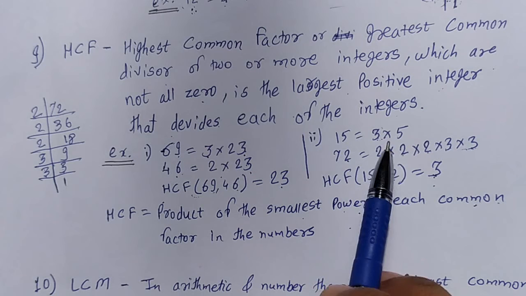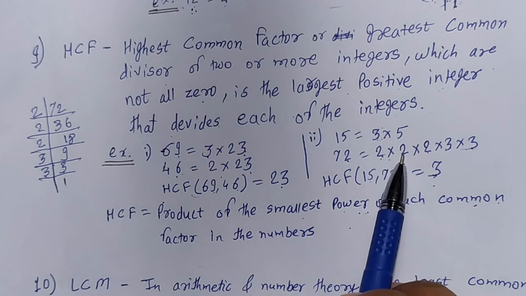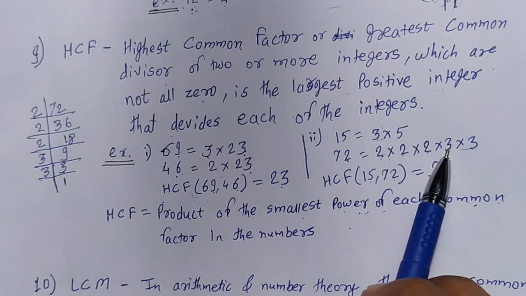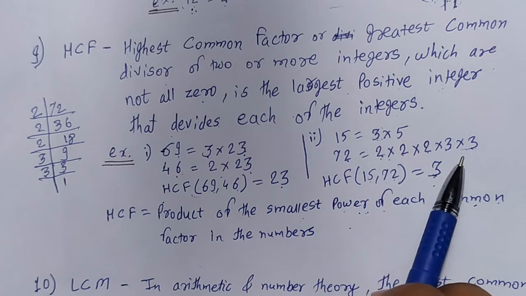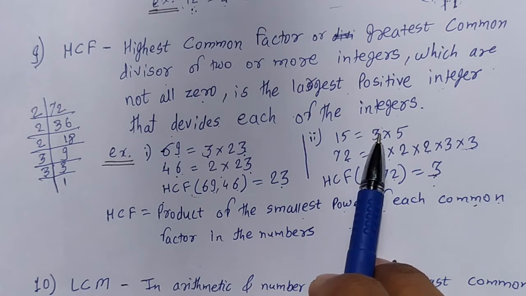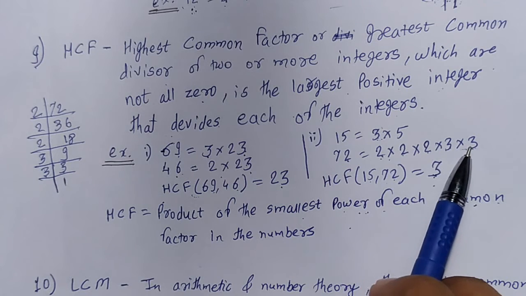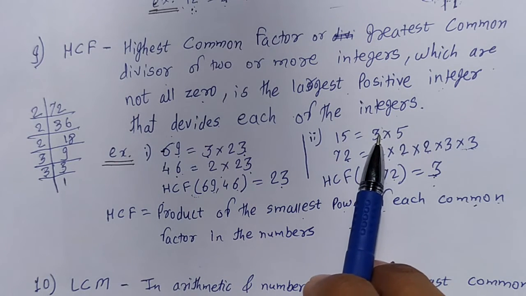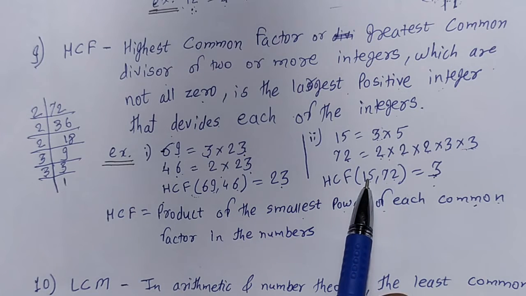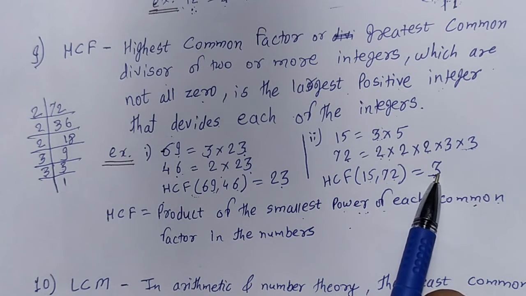What is the common factor between these two prime factorizations? 5 is not common, obviously 2 is also not common. So the number 3 is common between the two prime factorizations. You have to take the smallest power. Here the power of 3 is 1, here the power of 3 is 3 into 3, that is 2. So 3 raised to 1 will be the HCF. So the HCF of 15 and 72 will be 3.